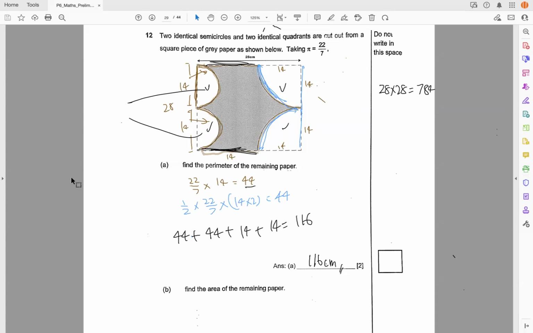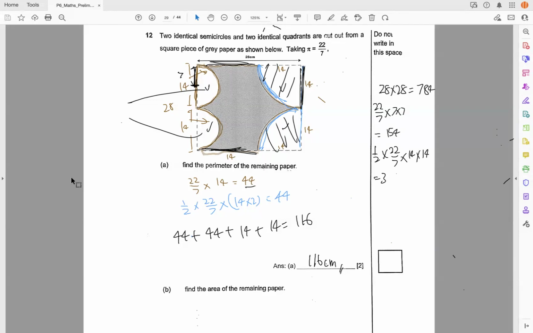The area of these two semicircles make up a circle, which is equal to pi times radius times radius. Take note, radius is this, okay? Is 7. 7 times 7. You get 154. Now let's find the area of this. This makes a semicircle. So it's half times pi times radius, 14 times 14 again.